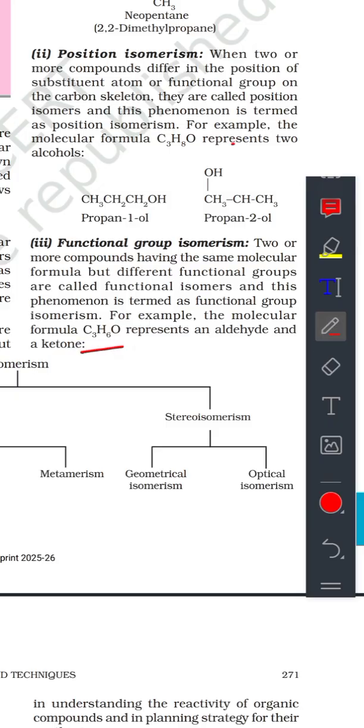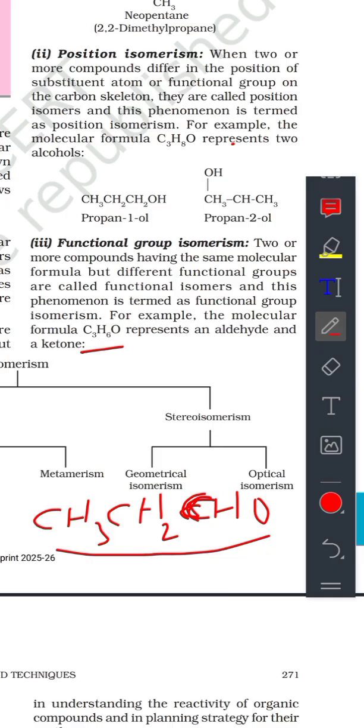That represents CH3CH2CHO. This is propanaldehyde, propanal. This functional group is the aldehyde functional group.